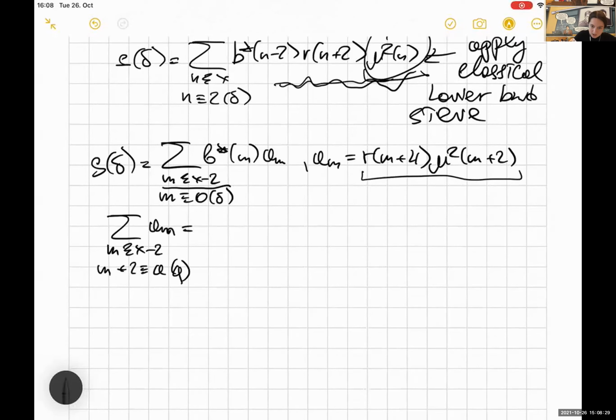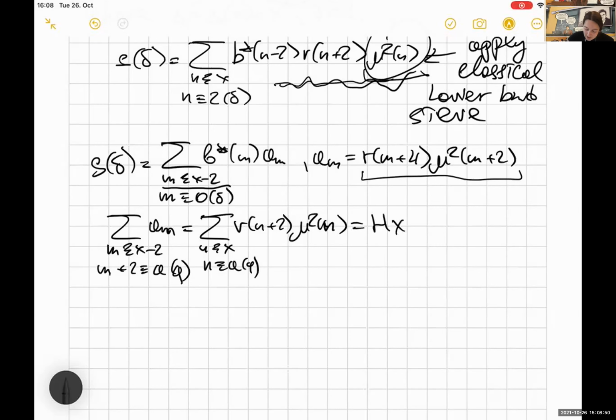And this is just equal to the sum over n up to x, n is equal to a mod q, r of n plus 2 mu square of n. And this is just a modification of how you count r of n plus 2 multiplied by lambda of n. And this is equal to hx, where h is an absolute constant, times cq plus some remainder term.